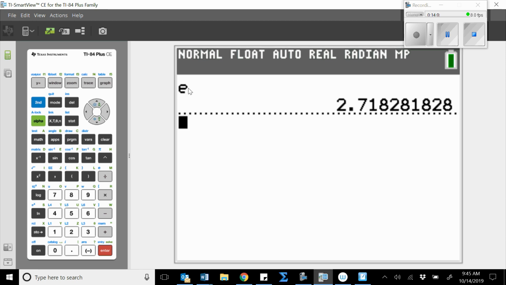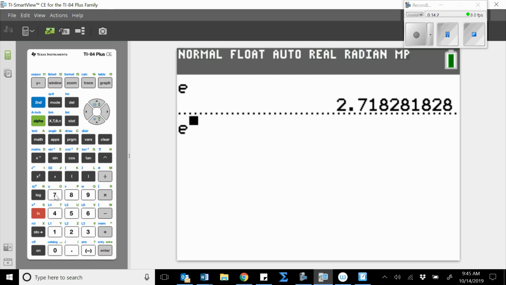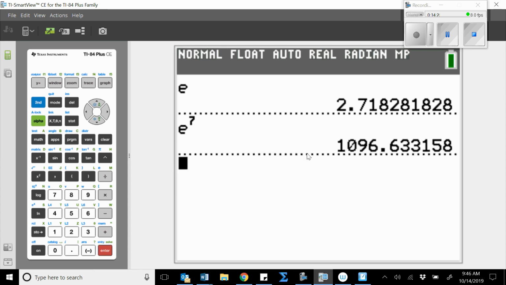If you want to raise e to a power, you can use the ln button. On top of it you have e to the power of x, so you press second ln, which gives e to the power of something. I want to know what e to the power of 7 is, so I put 7, and it's equal to 1096 something.